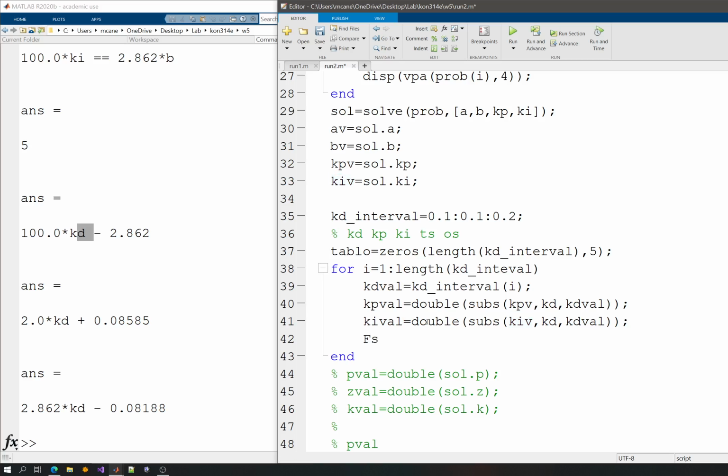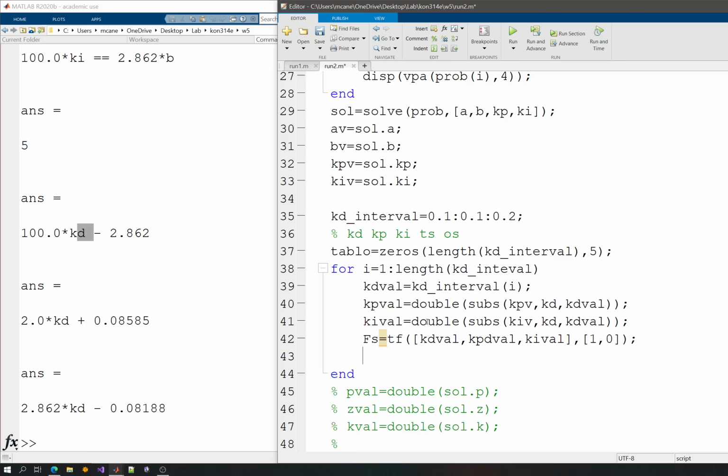So I can go ahead and use fs, tf, and provide the parameters here. I can say KD val, comma, KI val, KP val, comma, KI val, and put a semicolon.